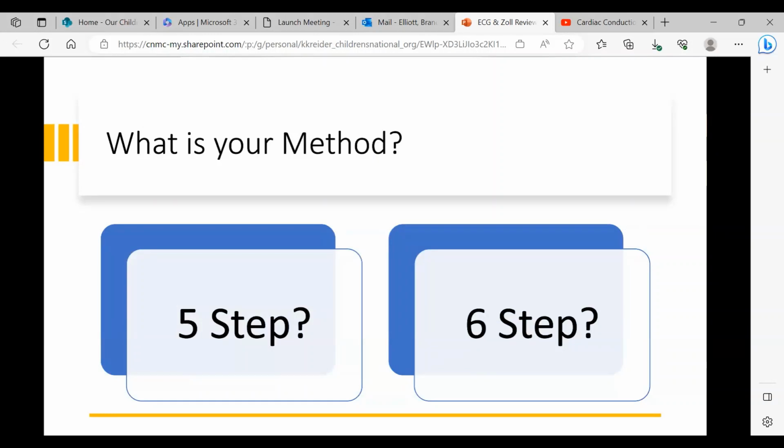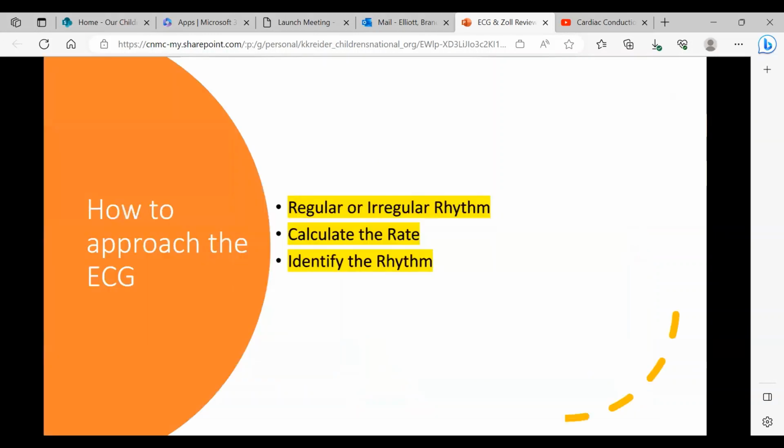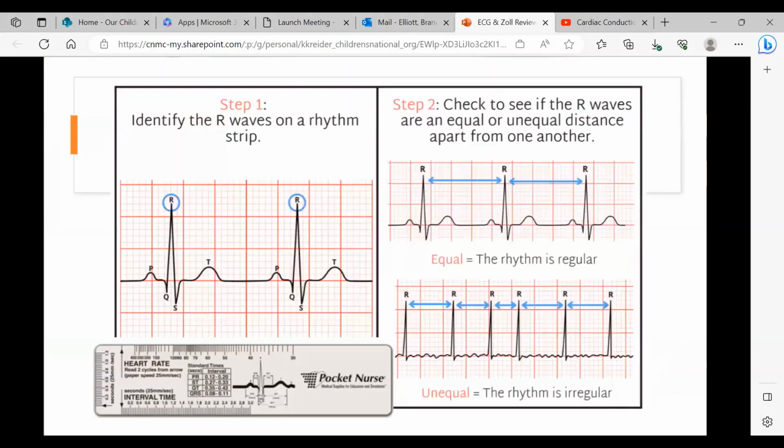So what measurements are we going to do? What we're going to check is the R to R intervals, to tell if they're regular or irregular. On the printout you can compare using the small boxes or the big boxes, or you can use your ruler and measure the distance, to see if the R intervals are equal apart or unequal apart.